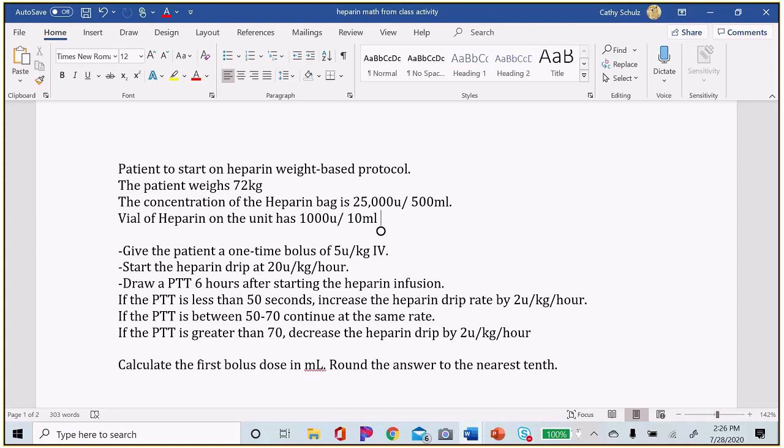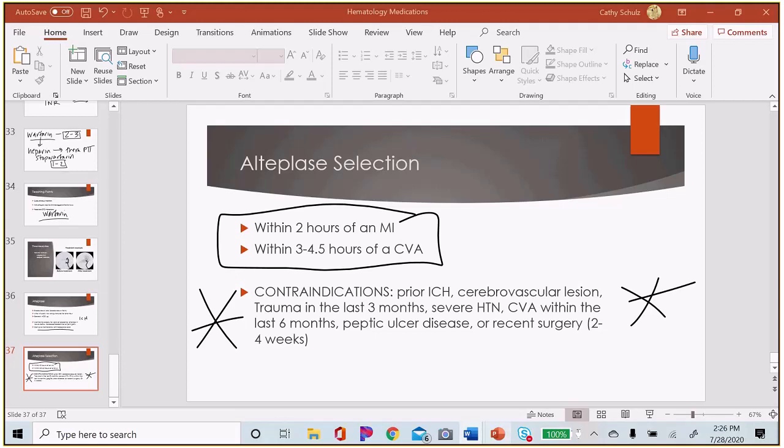So anytime you see that the patient needs a bolus, you know we're referring to the vial of heparin. If we're trying to figure out the heparin drip's rate, like how many units per kilogram per hour, then we know we're dealing with the heparin bag, because that's the one on the IV pole that we're going to run and figure out how to give.